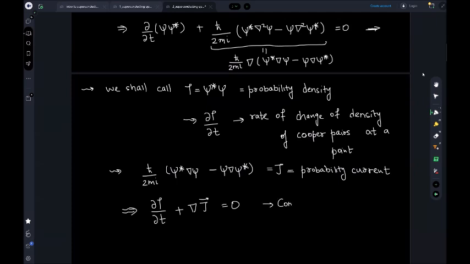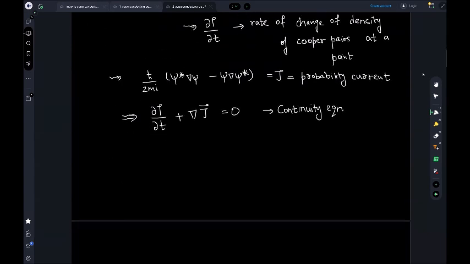This is actually the continuity equation. What this physically means is it describes the change of density at one point in time in terms of the divergence of a vector quantity. So this is actually the divergence of the J vector, and J is the probability current.